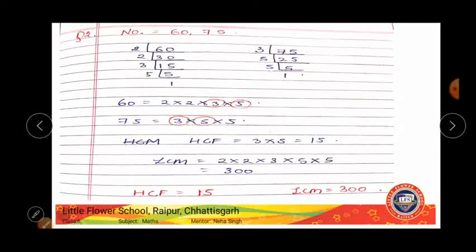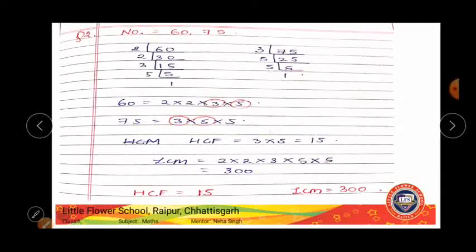HCF will be, see here, the factors I have written: 2 into 2 into 3 into 5, and 3 into 5 into 5. After we have written the factors, what is common here? 3 and 5, right? So HCF will be 3 into 5, that is 15.